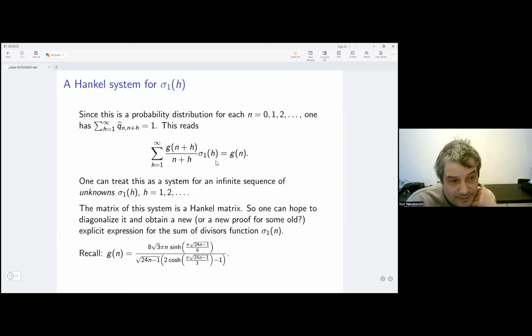So it can give some explicit expression for this sum of divisor functions. Actually, some of them are known, but I don't know if doing that will give some new expression or some new proof for some old expression.